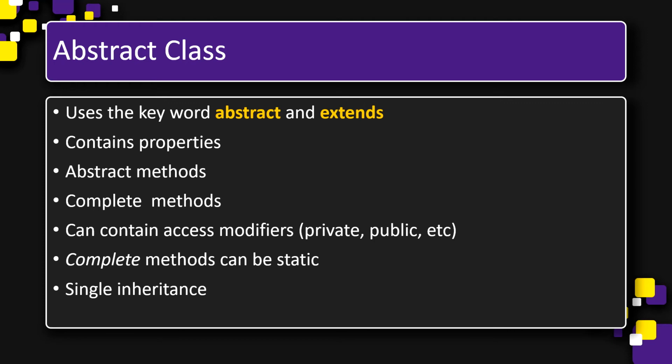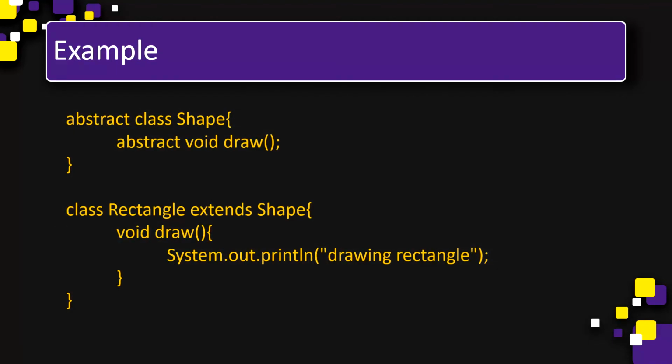So if we take a look at an example here, we have a shape which has the abstract definition for a method, the abstract signature for a method, draw. And then we have a rectangle which extends shape, and when it draws, in this case, it's just going to print out a simple line to the command line.